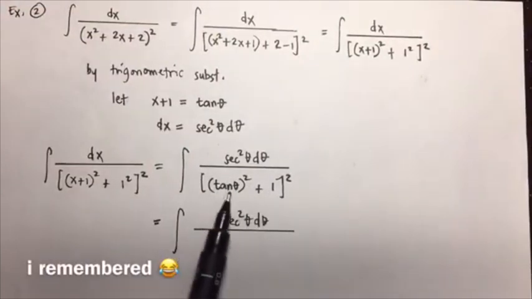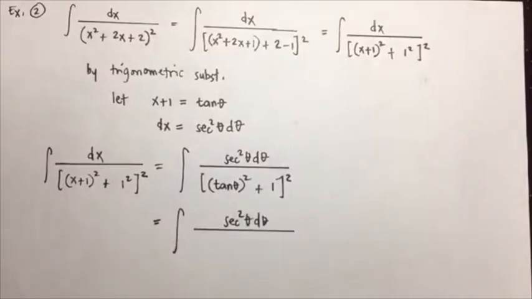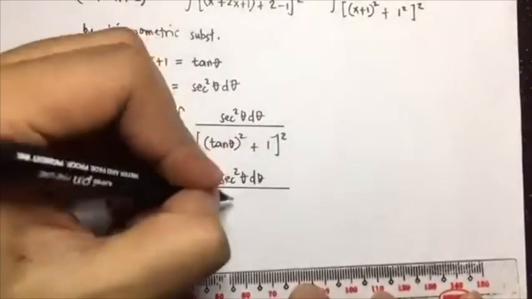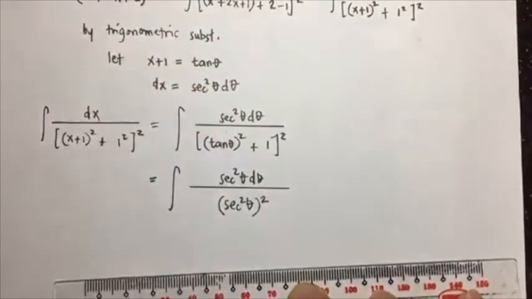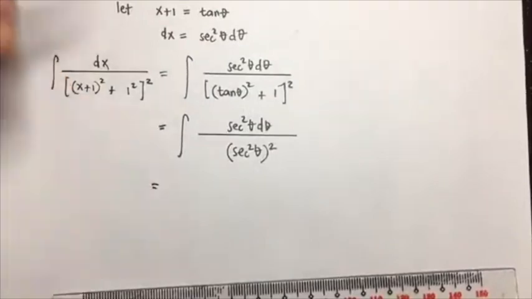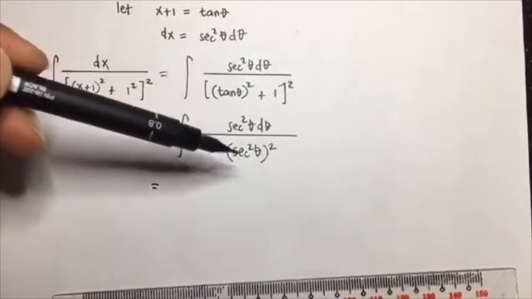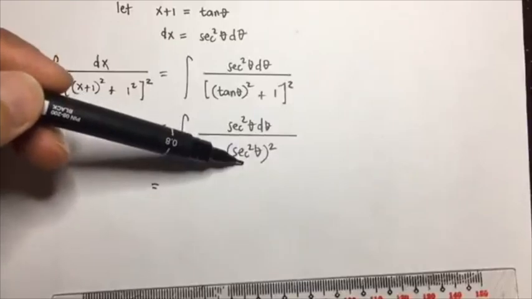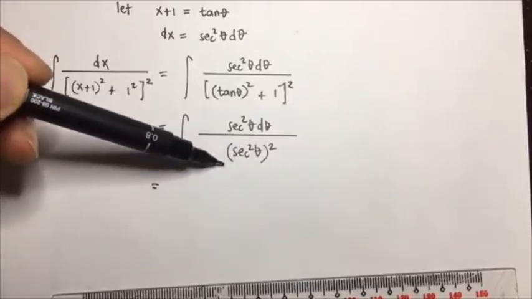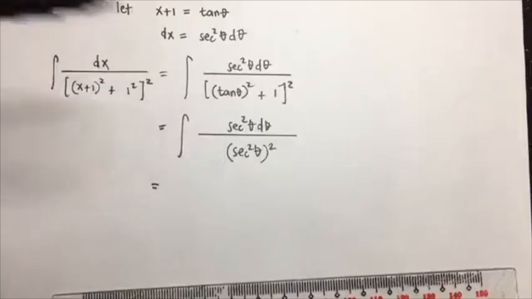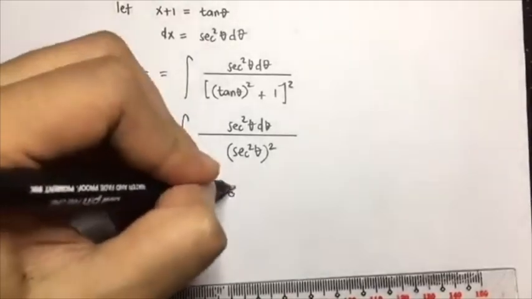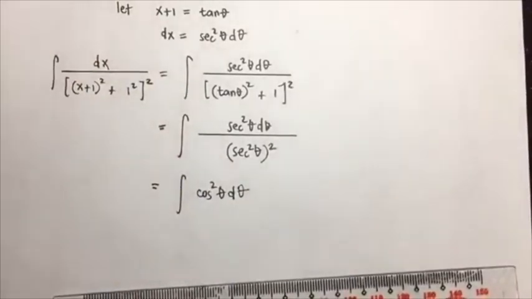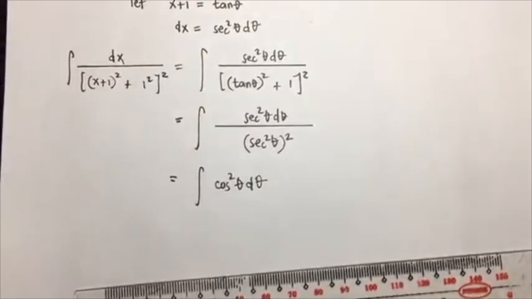So from the identities, tangent squared theta plus 1 is equal to secant squared theta, right? And then squared. So simplifying this, secant squared theta over secant to the fourth theta. So what will remain is 1 over secant squared theta, and 1 over secant squared theta is equal to cosine squared theta d theta.